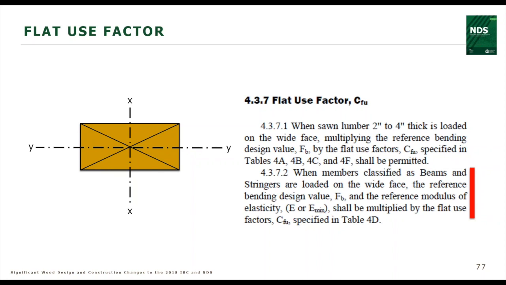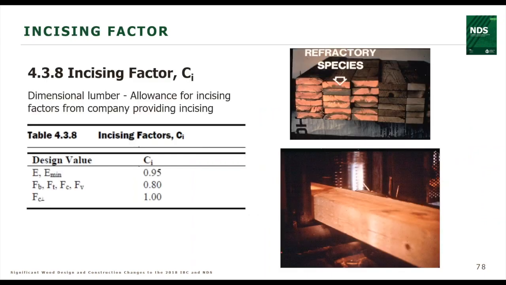A new section, 4.3.7.2, was added to clarify that application of the flat use factor, C sub FU, in adjustment table 4.3.1 is required for beams and stringers as well as dimension lumber. So it's not limited to just your nominal 2x or nominal 4x. It would be applied to larger material as well.